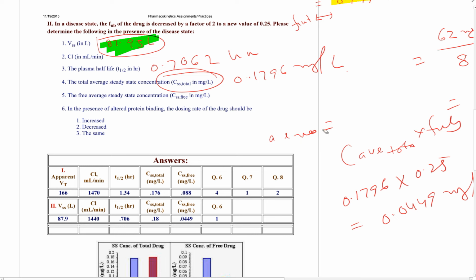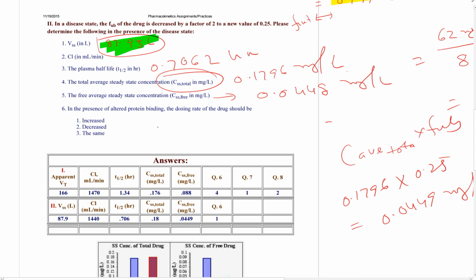So here, this was our total. Now free is 0.0449 milligram per liter.